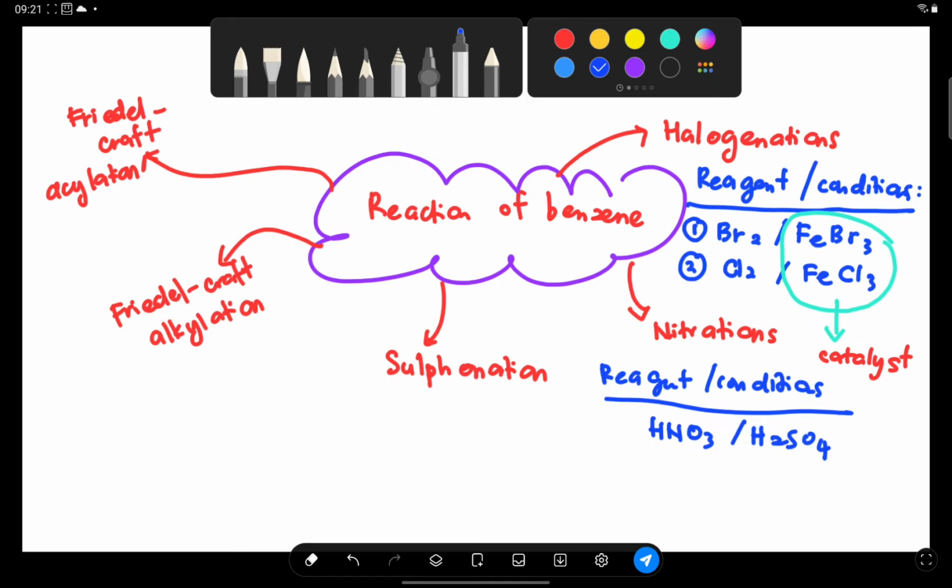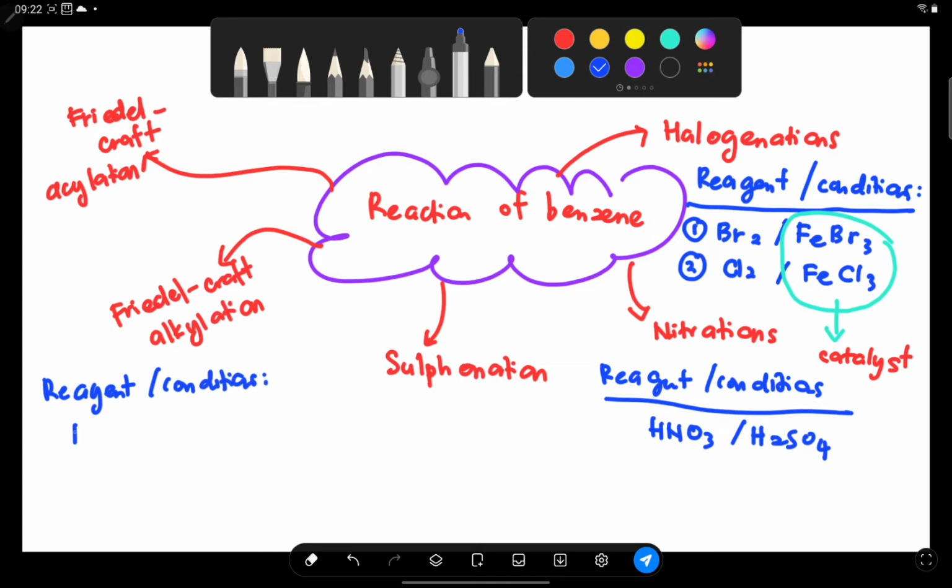And then for the Friedel-Crafts alkylation, it involves the alkyl group, reagent and condition.